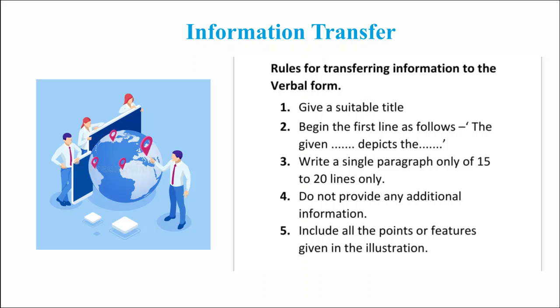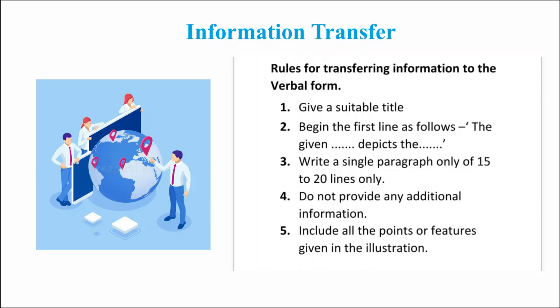Your information should be transferred into a single paragraph of 15 to 20 lines. You can go up to 25 lines also, provided you are able to do justice to that sketch. You cover everything that is given in the sketch. The next rule is, do not provide any additional information, other than what is given in that sketch or in that paragraph.